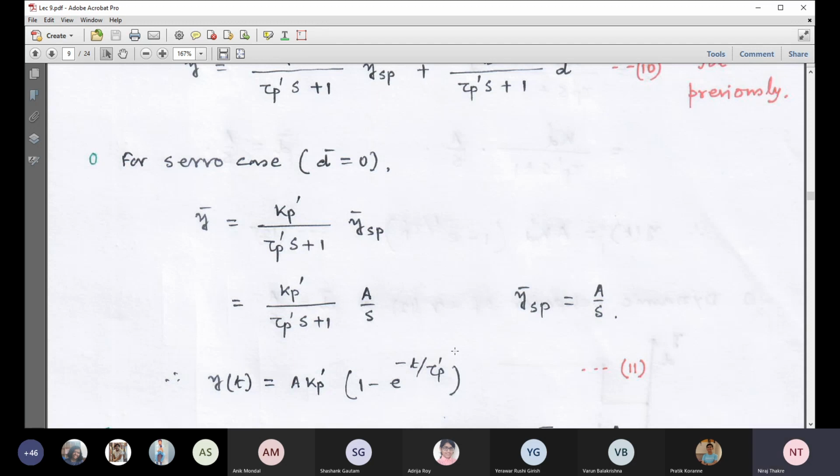So equation 11 is the dynamic equation of the closed loop process for servo case. Equation 11 is the dynamic model because y is varying with time t. That's why it is a dynamic model. And this equation 11 is obtained for step change in set point and for servo case.